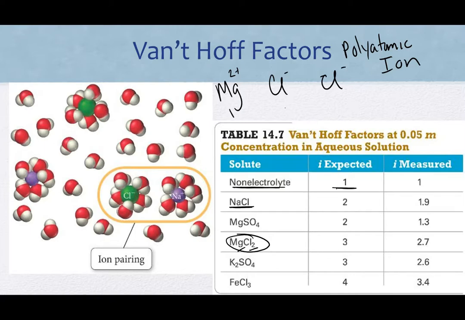So we've got 1, 2, 3 particles in solution. That's why the Van't Hoff factor is 3. Okay. So just something that you're going to have to consider, ionic versus covalent. And then if it's ionic, you have to be very thoughtful about the number of particles that get dissolved in solution.